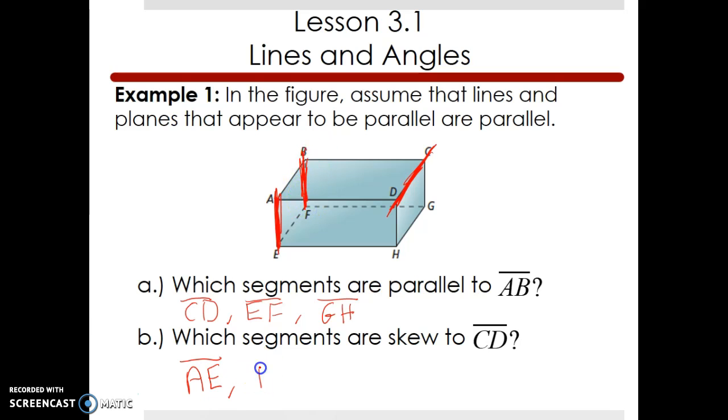That line as well, it doesn't intersect, but is going in a different direction. Then the bottom plane, this line, GF, same thing, does not intersect, but it's not going in the same direction. And the top line up here, EH. And I think that is it for this question.